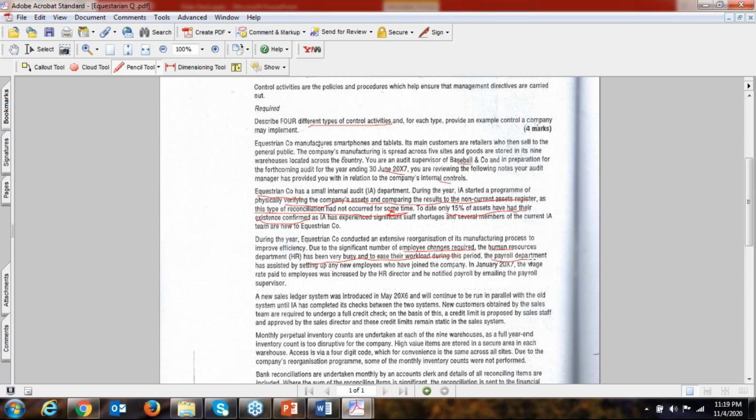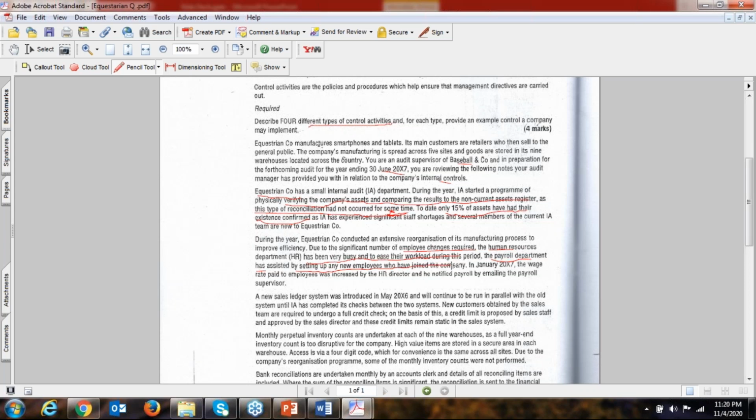So the payroll department has assisted. So this is the deficiency. There are two departments, HR department and payroll department, but HR department is busy.